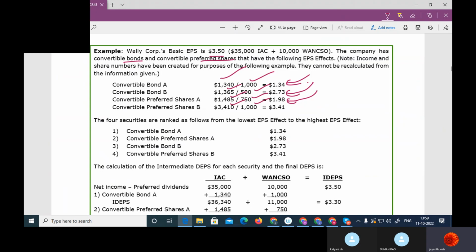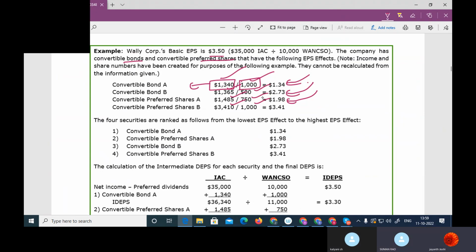With numerator effect, what I mean is, in the numerator you add this amount to income available to common stockholders, because this will not be shared with the bondholders in the future. This will be given to the equity holders, correct? And in the denominator, your shares outstanding will increase by this much. So the combined EPS effect is 1.34.